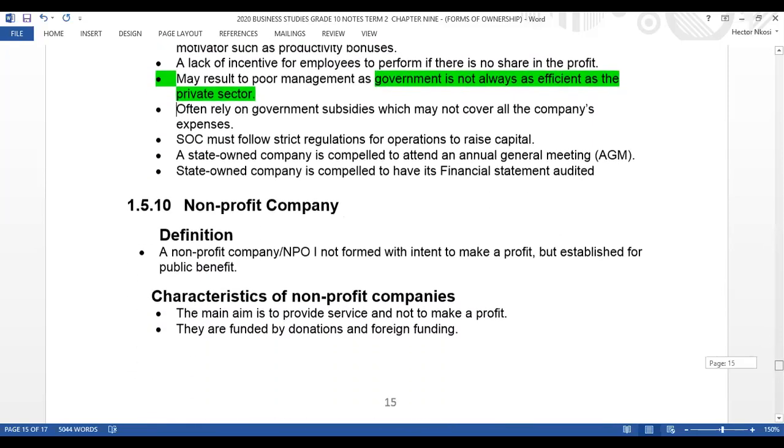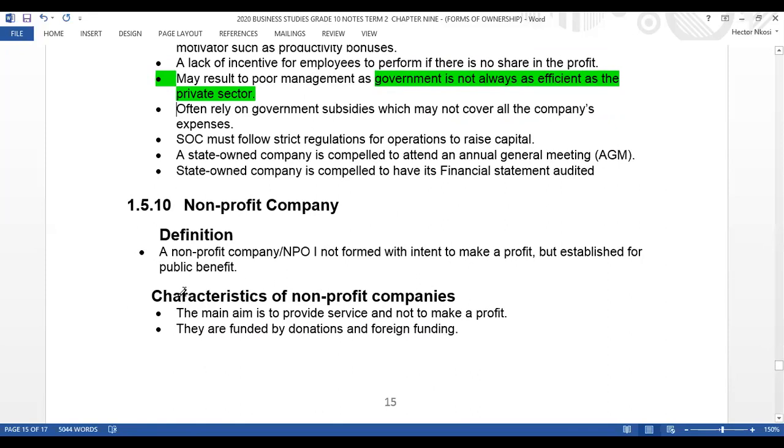Our main focus for today is our non-profit company, our NPO, right? So, boys and girls, what you need to know about our NPO is that a non-profit company, or NPO, is not formed with the intent to make a profit, but is established for public benefit, right?